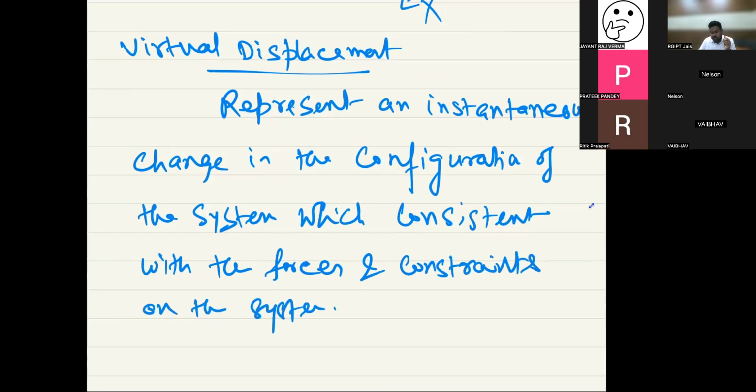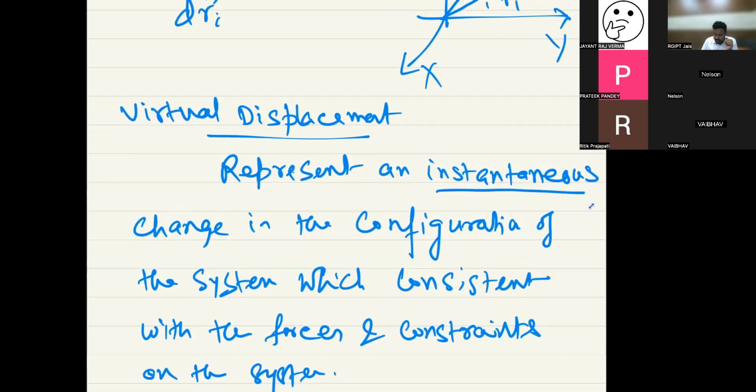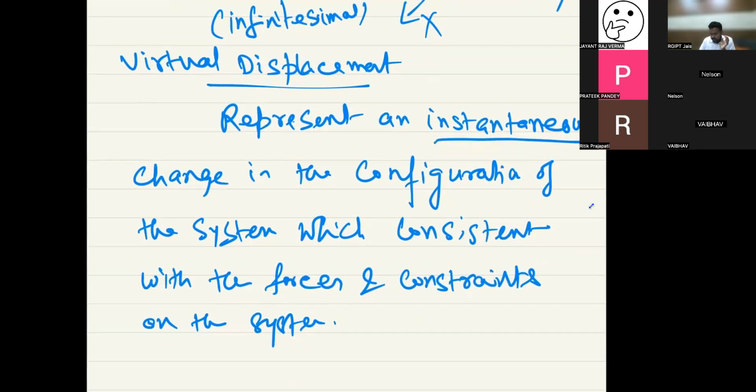So here two terms are very important. This is a virtual infinitesimal displacement. We are always talking about infinitesimal displacement, which means very small displacement. The other important term is that this displacement is instantaneous.